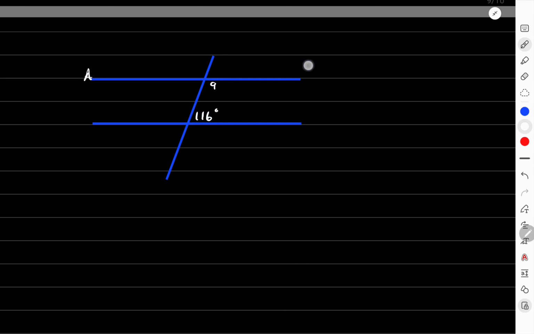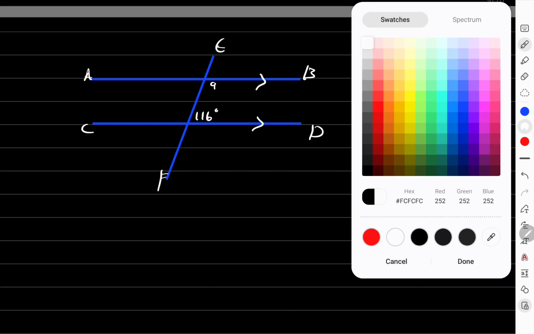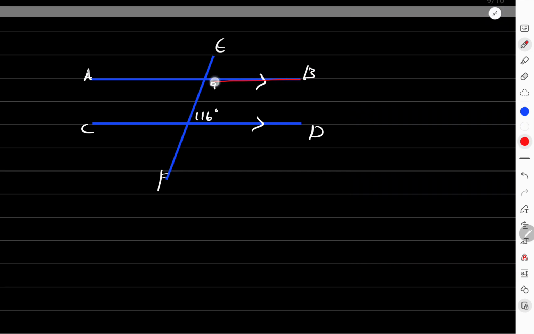I have AB, CD, EF: A, B, C, D, E, F. These two lines are parallel. Now, if I look at my parallel lines, I am having a shape like this one, right? The angle that is found here, which is A, and the angle that is found over there, which is 116, those two angles combined should give us 180 degrees, because the reason is going to be co-interior angles.